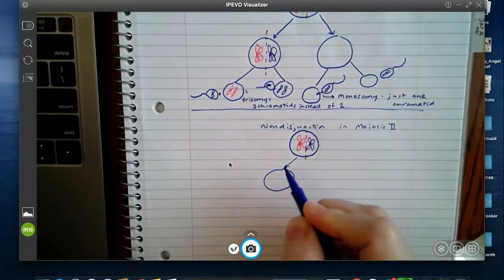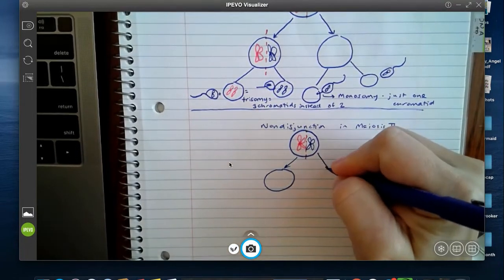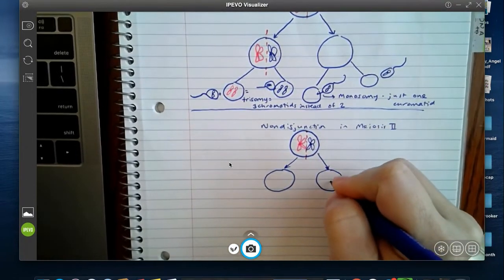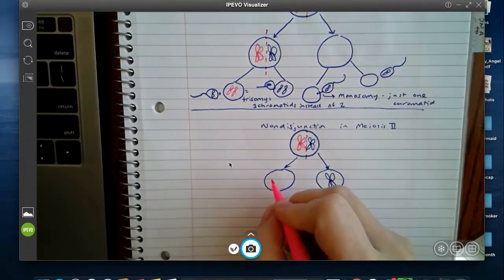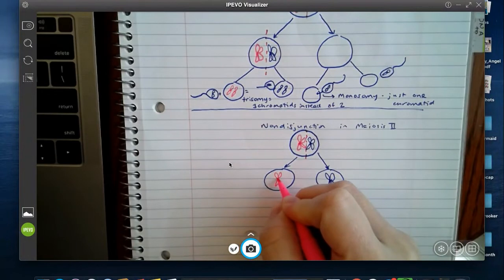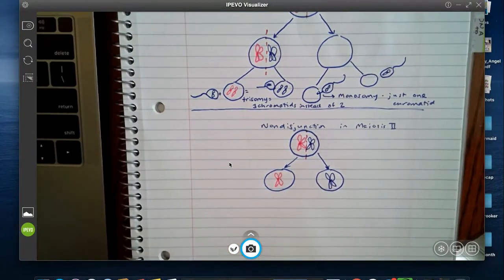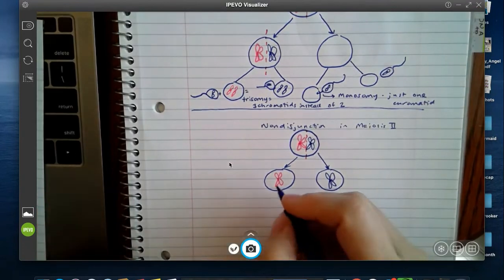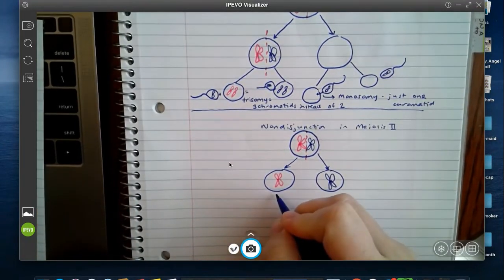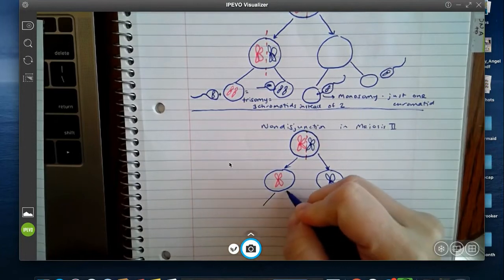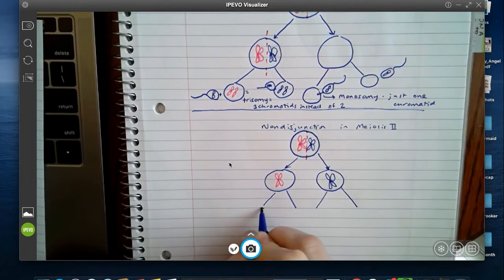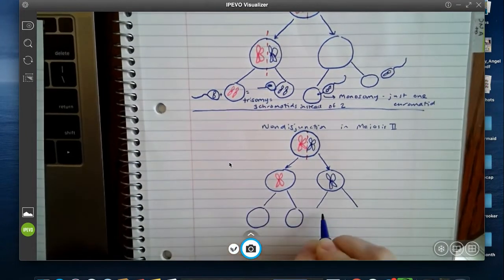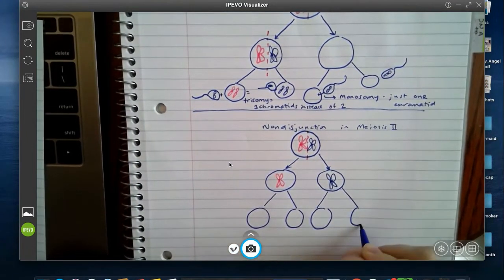And we'll put the pink side over here and the blue side over here. All right, so that's not the problem. Let's go ahead and move into our meiosis 2. Draw our 4 resulting gametes.